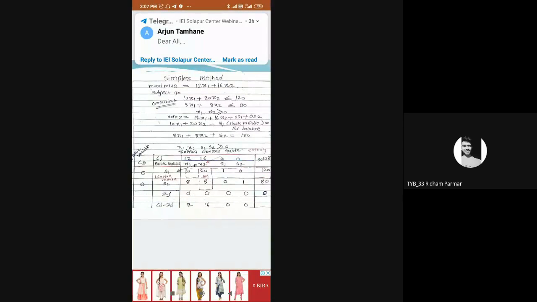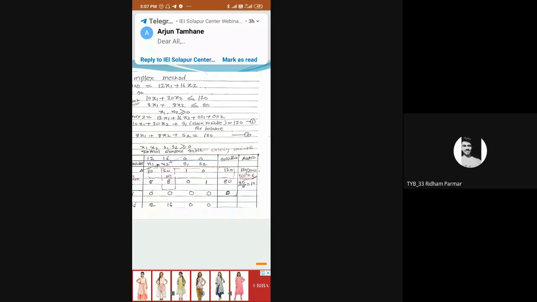After this, on the right hand side in this ratio, what is actually the value in this row? That is 20. So 120 divided by 20, this is your 6. Similarly, here 80 divided by 8, that is 10. So in this ratio, which is the minimum?